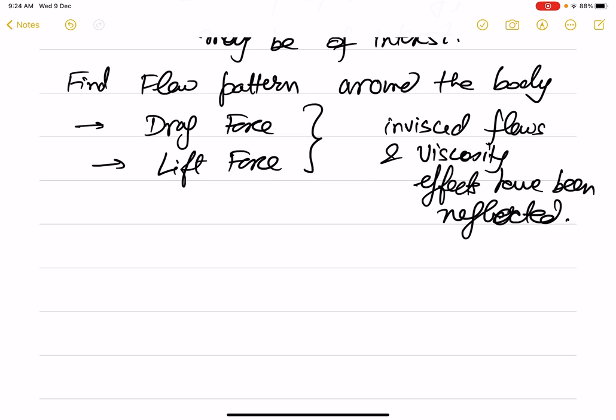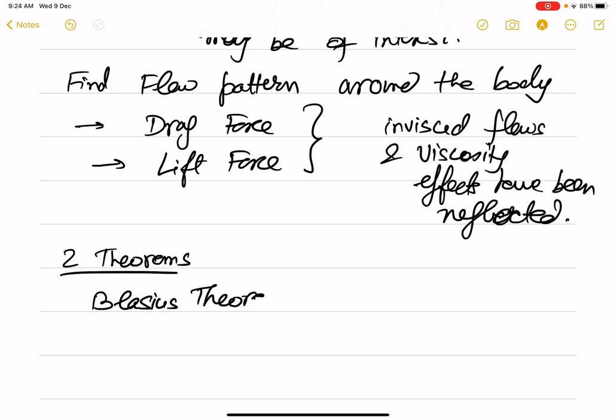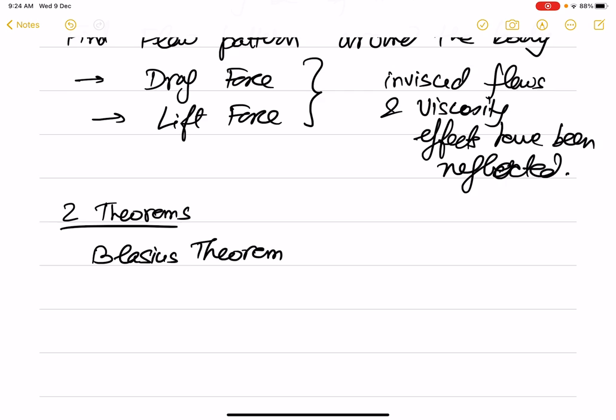Now, there are two theorems which I will not prove, but you should keep them in mind. Actually, they both go by the same name, and this is called the Blasius theorems. They are easy to prove once we are doing the general theory of these using complex variables.